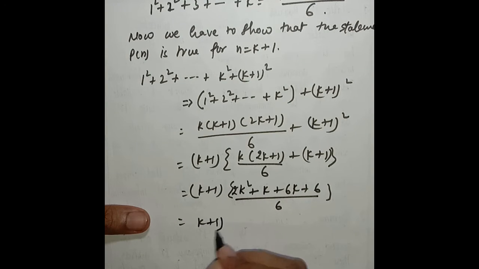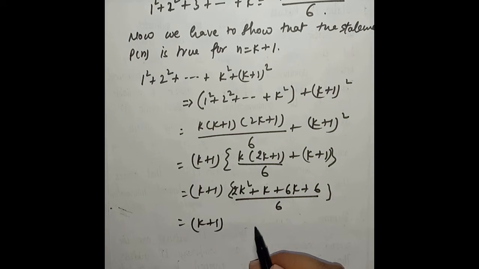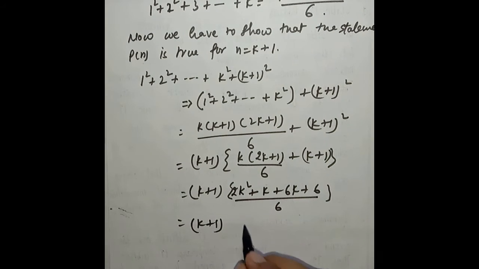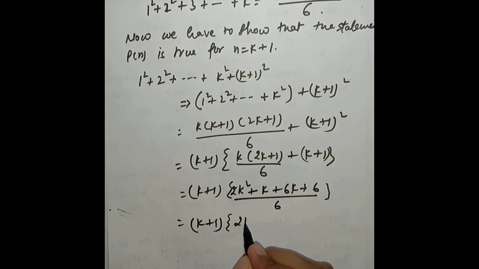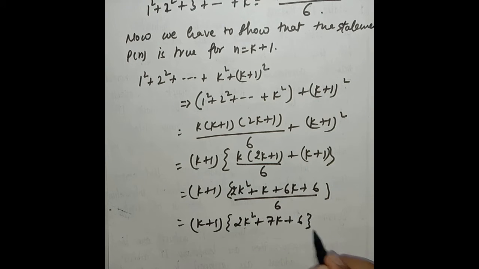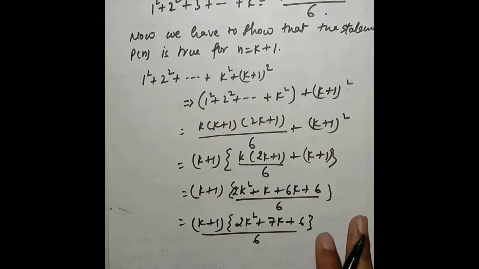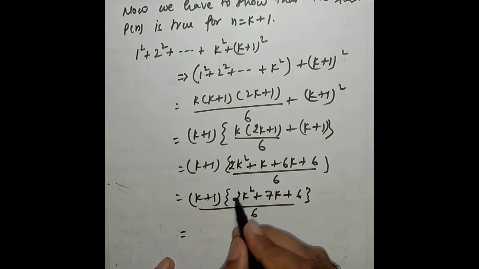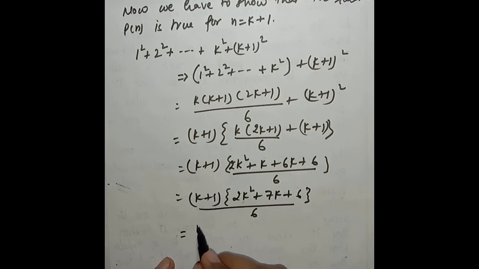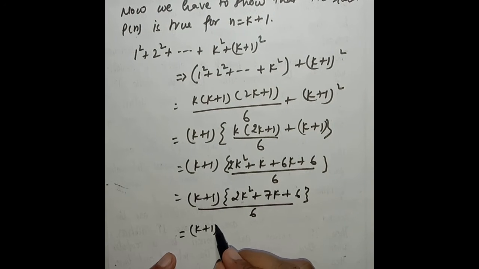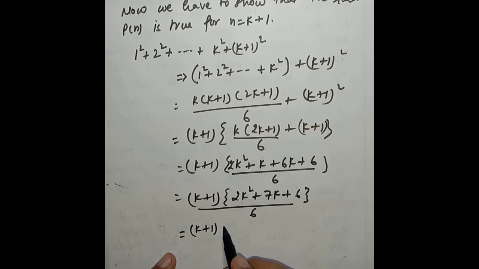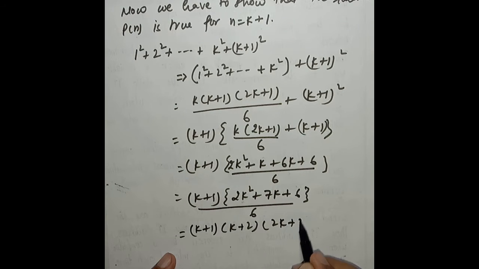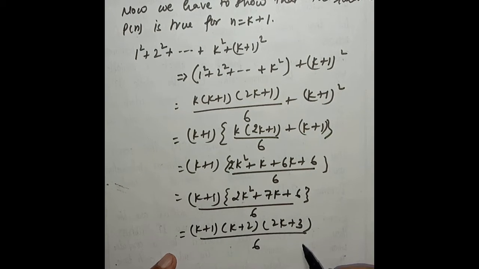This is equal to k plus 1, 2k square plus 7k plus 6 over 6. This is a quadratic expression and we can factorize this, and the factors of this quadratic are k plus 2 and 2k plus 3 over 6.